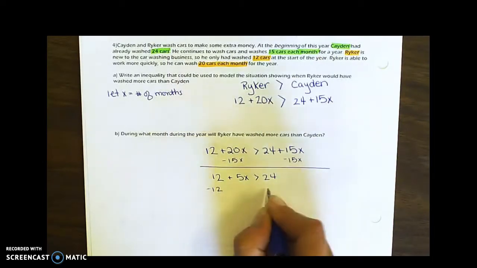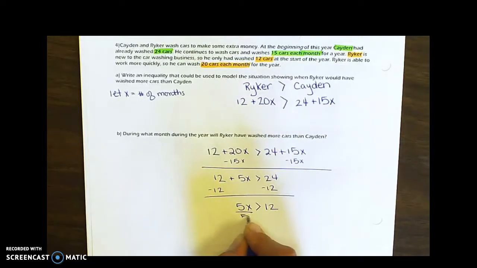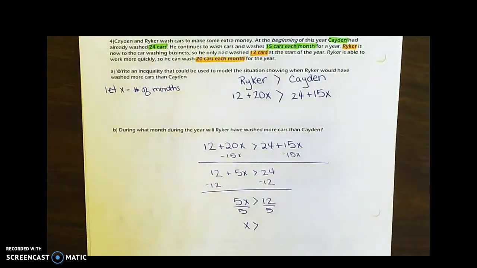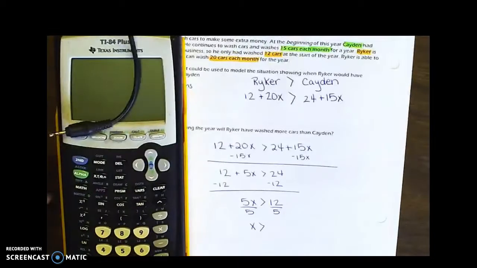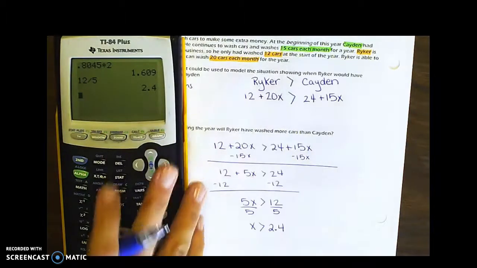Then we're going to subtract 12. So 5X has to be greater than 12. Divide by 5. And then X has to be greater than, so let's divide it out. 12 divided by 5, and we get 2.4.